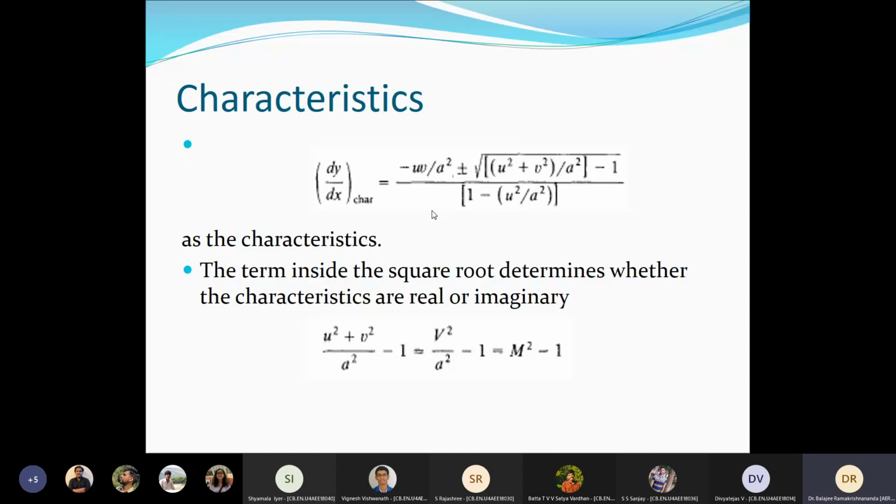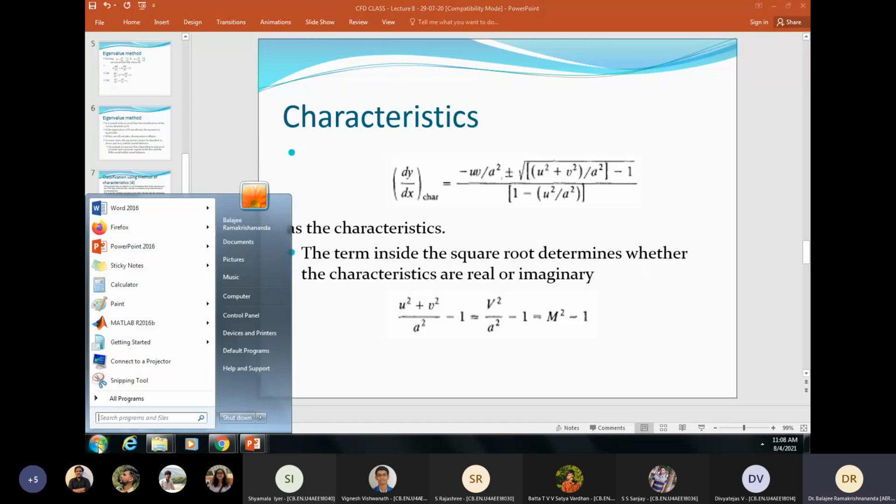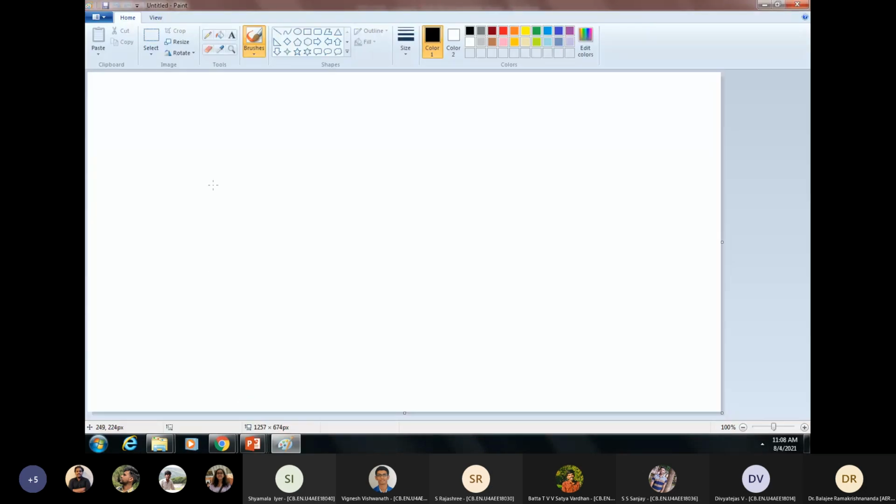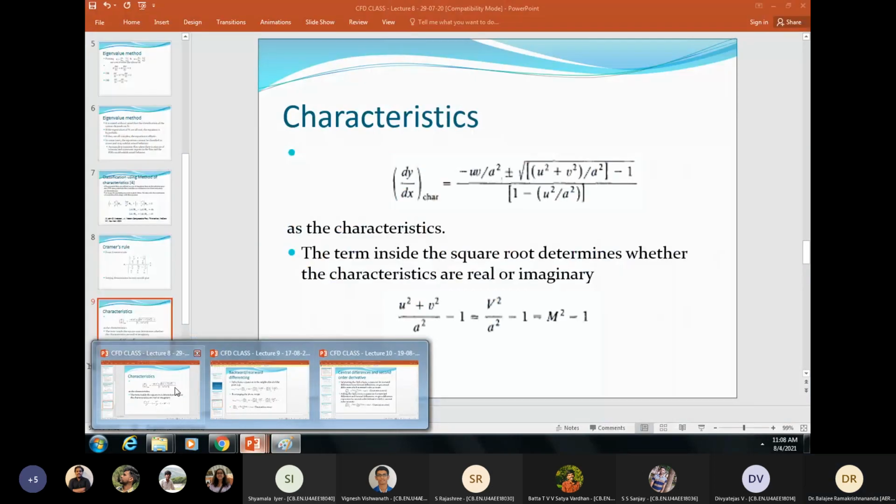I think I can illustrate with a figure. There are many points in space, let's say. At every point, for this point for example, you'll have u, v, a. So substitute the values of u, v, and a at this point in the right hand side.